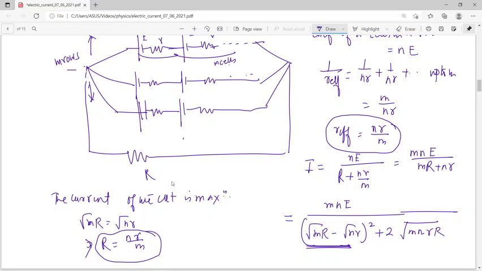So that is one part of the section where we find how the mixed cells are connected, and we also find the relations between them.